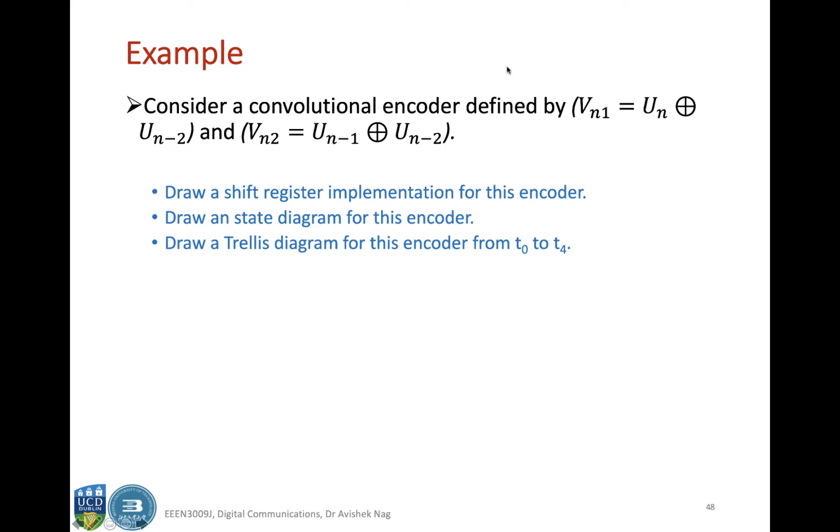As you can see, you have two outputs, so it is an example where your n is 2 here. And you have three shift registers, un, un minus 1, un minus 2. So basically your capital K is 3 here.